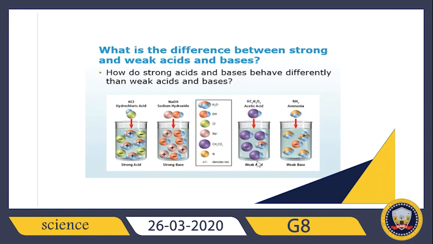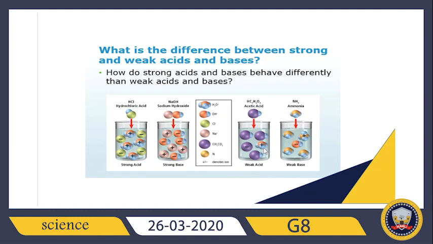So as you can see, the main difference is that strong acid will result in the formation of many hydronium ions. Here we have 4 hydronium ions, but weak acid will result in the formation of few hydronium ions. As you can see in this beaker, we have only 1 hydronium ion.